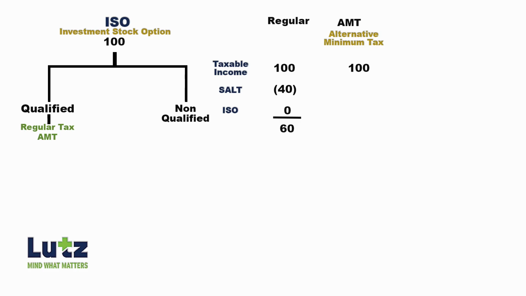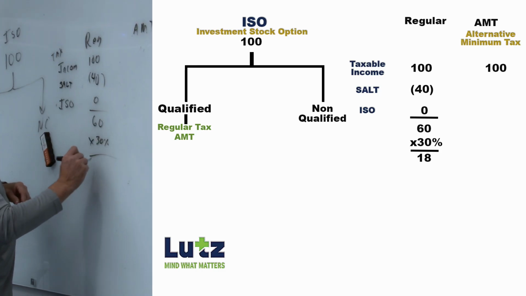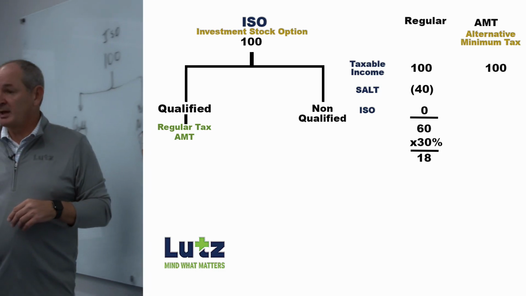The punchline where I'm going with this is AMT is a parallel tax calculation. So when Max says we're searching for a floor of the tax to be paid, that seeking of the floor is by virtue of two tax calculations being performed at the same time. And you take the greater of the two. Okay? So if I take this times 30%, that's $18 of tax.